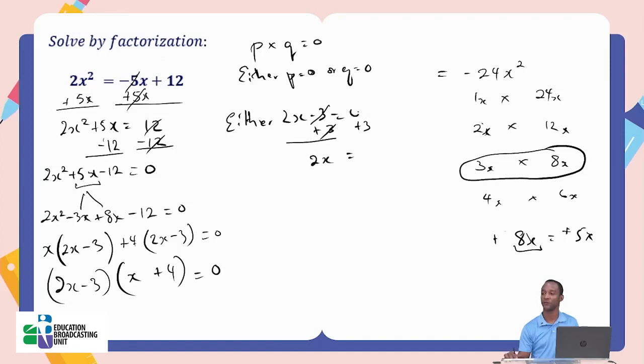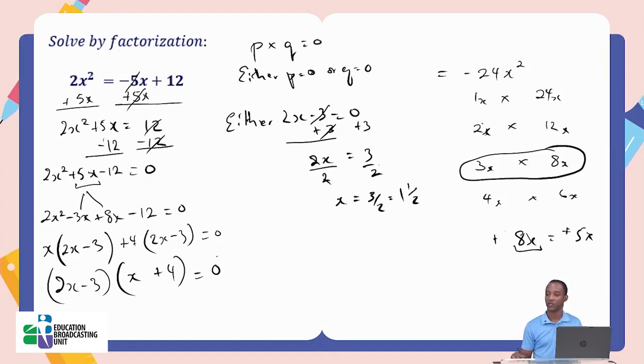And 0 that we have on the right-hand side added to 3 will give us 3. And the next step is to divide both sides by 2. Why? Because 2 multiplies x. The reverse is to divide by 2. Dividing by 2, we'll have x equals 3/2, which can be written as 1 and 1 over 2.